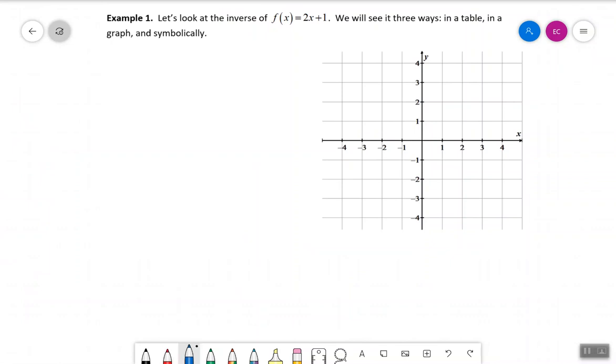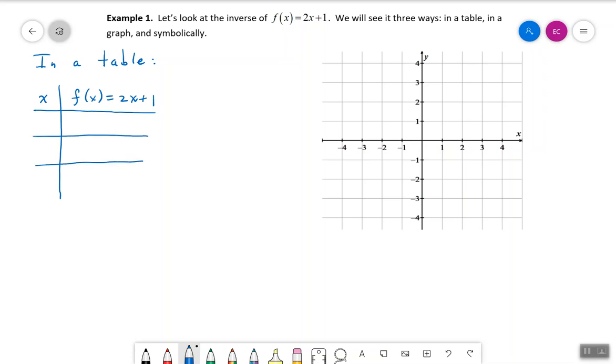In a table, we're going to write x, and we're going to write f of x is equal to 2x plus 1. And then we're just going to plug in some values. Let's do negative 1, 0, 1, and 2. I just made those up.